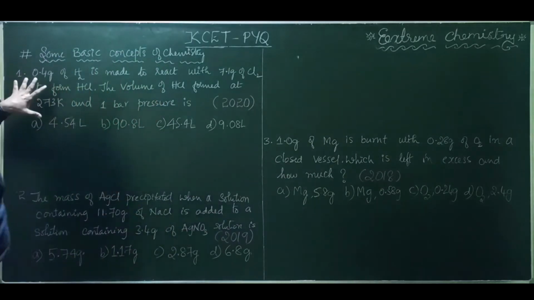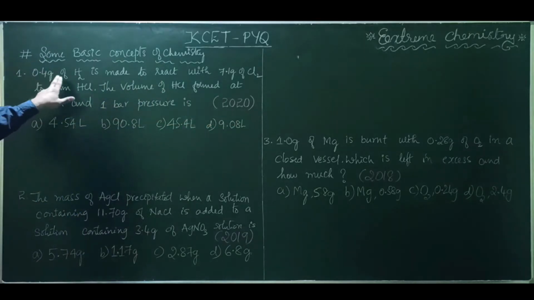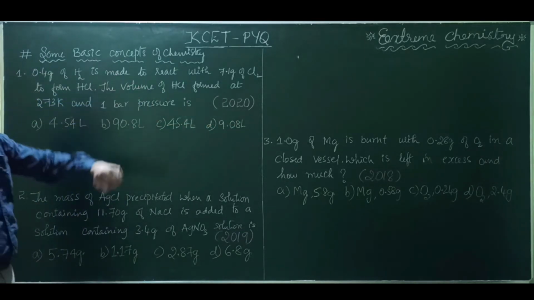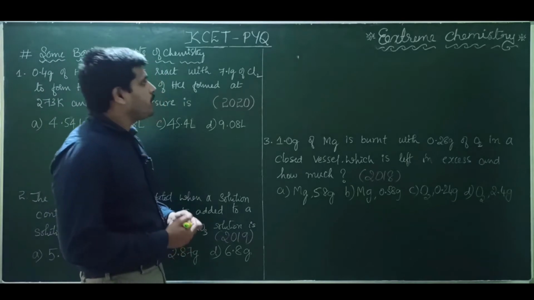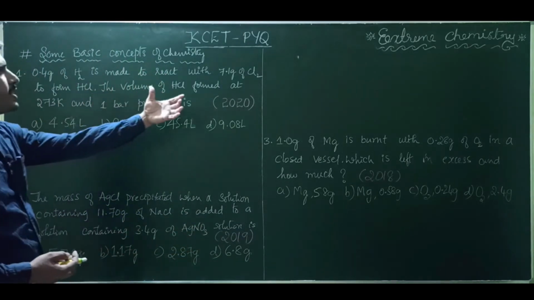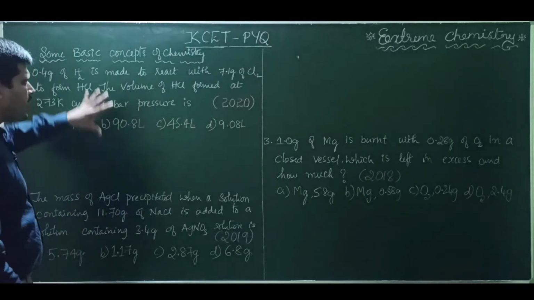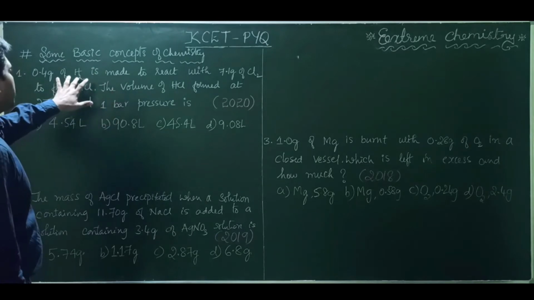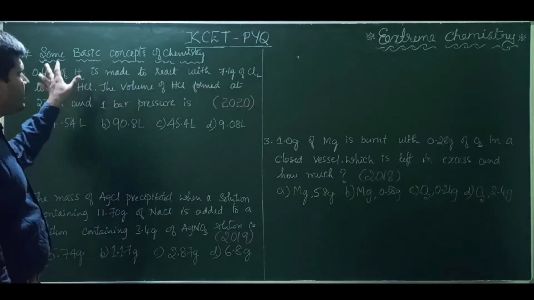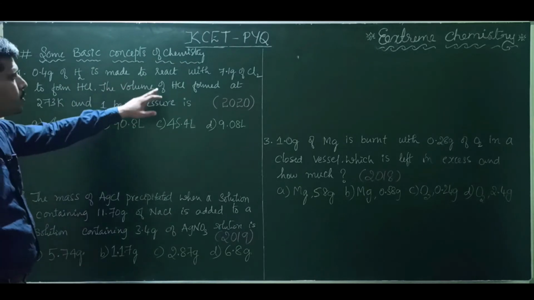Fine. So the first problem which was asked in 2020: 0.4 gram of hydrogen is made to react with 7.1 gram of chlorine to form HCl. The volume of HCl formed at 273 Kelvin and 1 bar pressure is. As soon as you look into the problem, the two reactants are given with specific amounts, and the product is asked, and that too as volume.